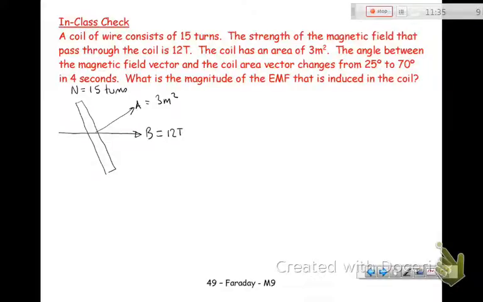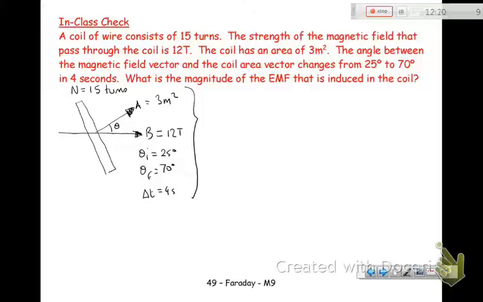I know the angle between the magnetic field vector and the coil area vector goes from, so this is my theta, theta initial equals 25 degrees, and theta final is equal to 70 degrees. Because it says the angle between the magnetic field vector, that's my B, and my coil area vector, remember that's at 90 degrees to the area of the coil, is 25, and the time it takes is 4 seconds. So there's all my information.